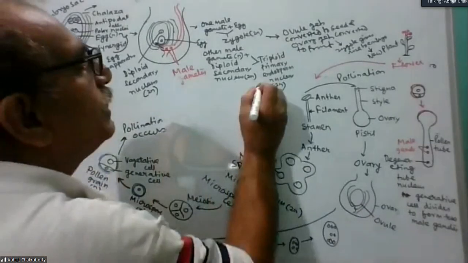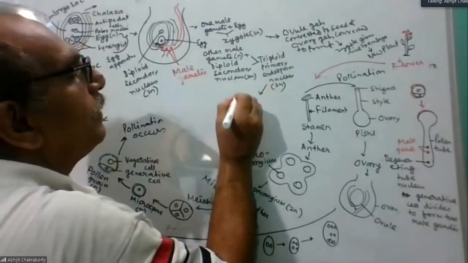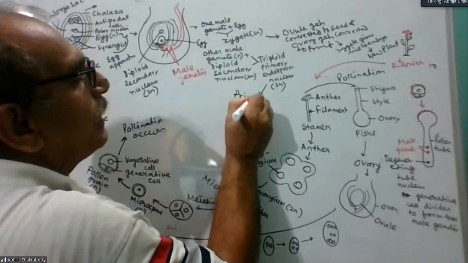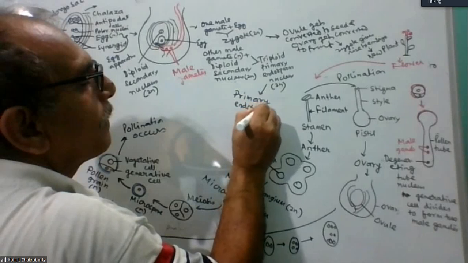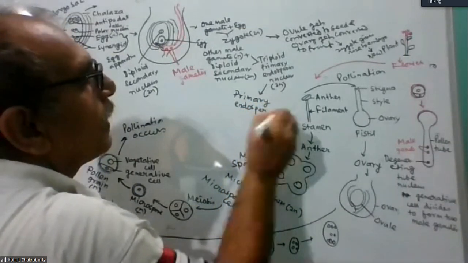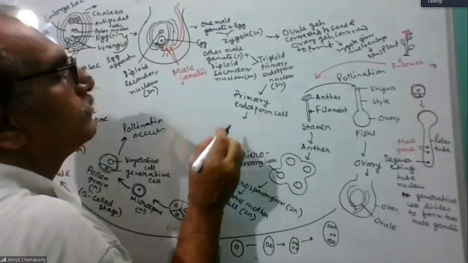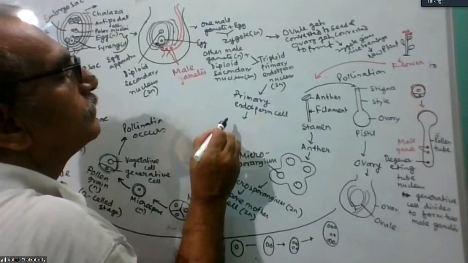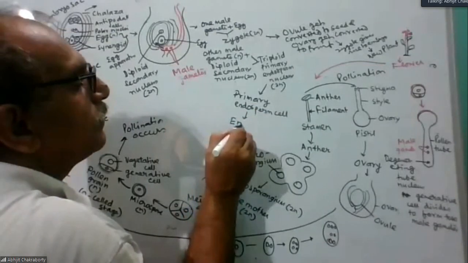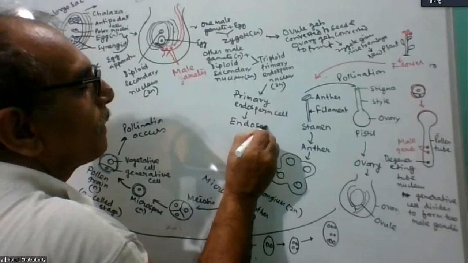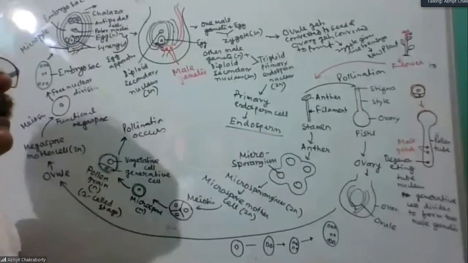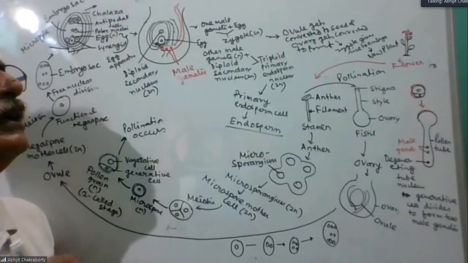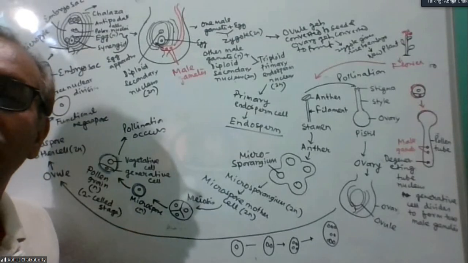Eventually, from this, the primary endosperm cell and then the endosperm is formed. Endosperm is required to provide nourishment to the developing embryo.